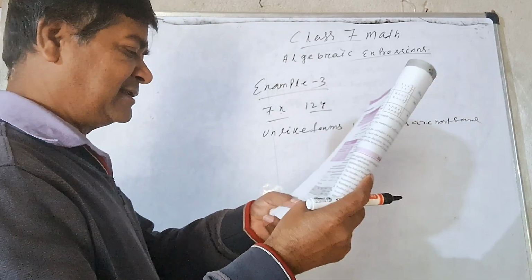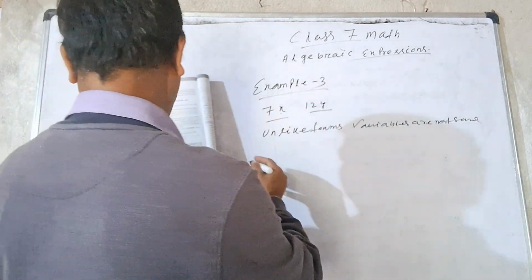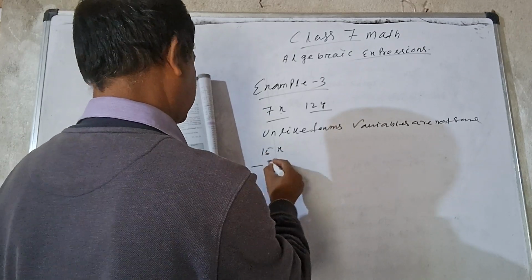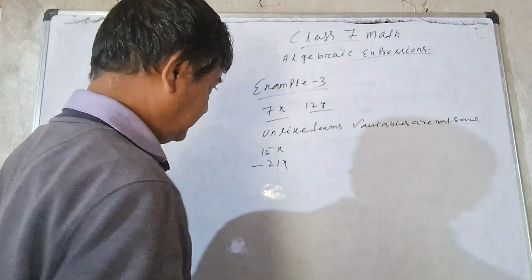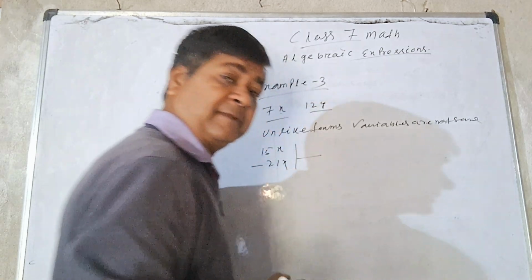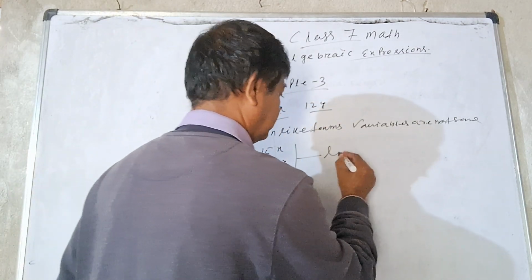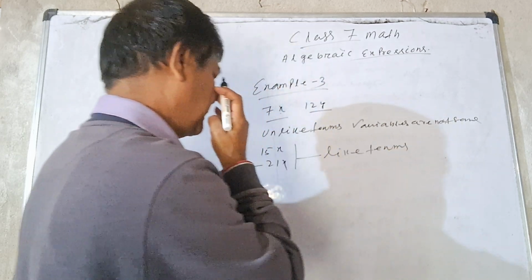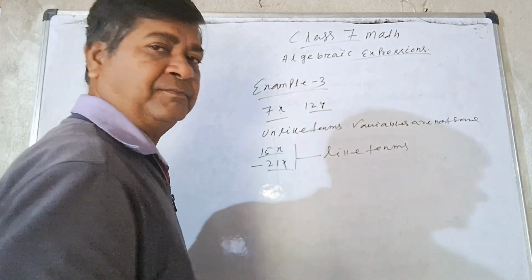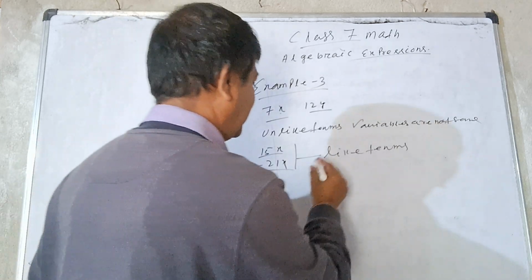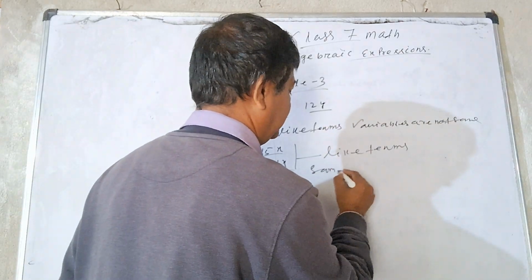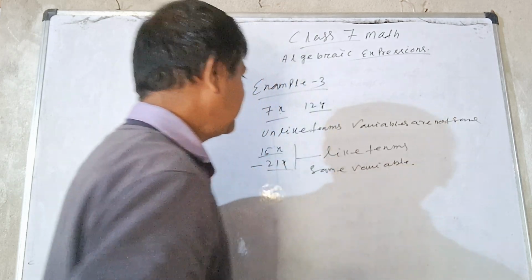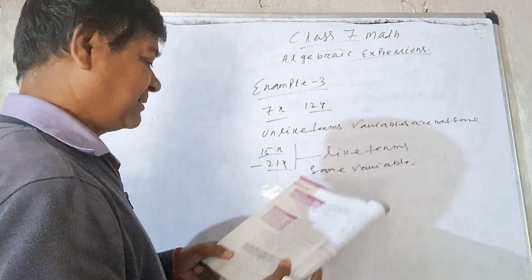Similarly, another pair: 15x and minus 21x. These two terms are like terms because they have the same variable. In this way, we will be able to do example 3.